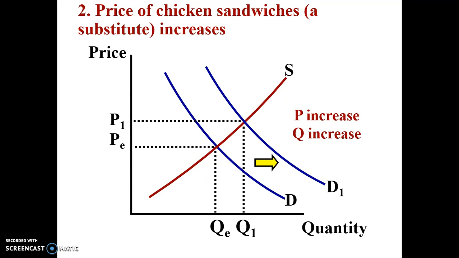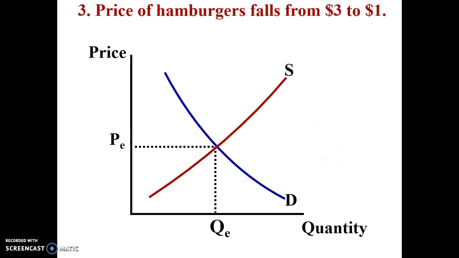So all those people that were eating chicken sandwiches before, now they're starting to demand hamburgers, and the demand curve shifts to the right. So if the supply curve stays where it is and the demand curve shifts to the right, this is the new equilibrium right here. So the price went from PE to P1, it went up, and the quantity went up also. So quantity went from quantity equilibrium to quantity 1. So the price went up and the quantity went up due to that increase in demand, that shift in demand.